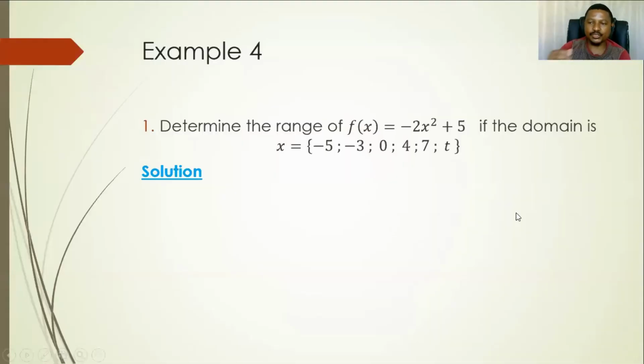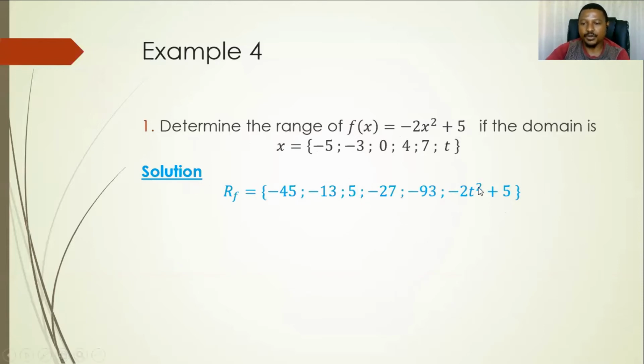So now the solutions for this example. Remember, learners, the question was: determine the range, only the range, because we are given the domain here. Determine the range of f of x equals -2x squared plus 5 if the domain is given by this set. On our solution, as we have done the calculations, that's how you would write down your range for this function.